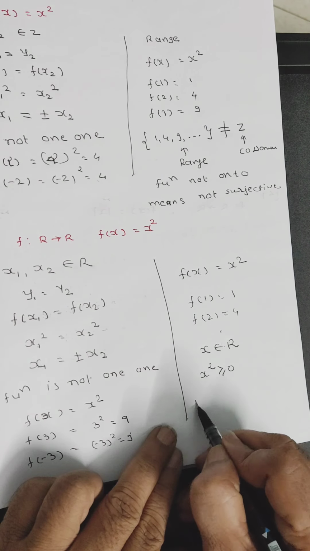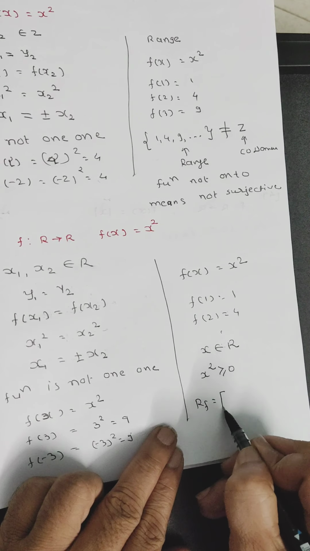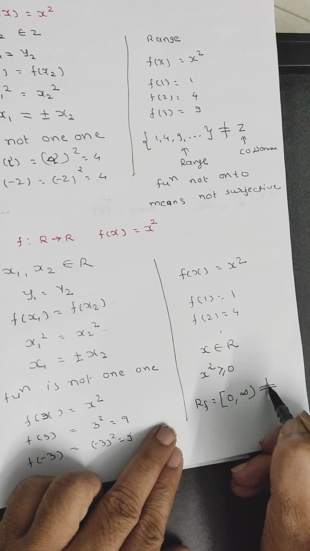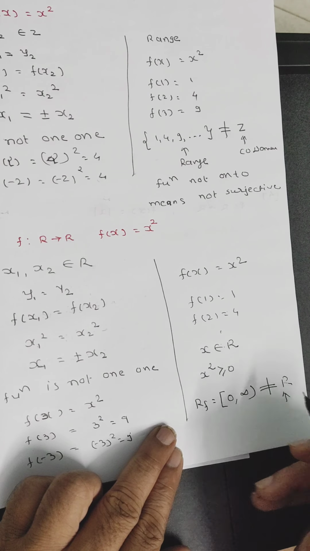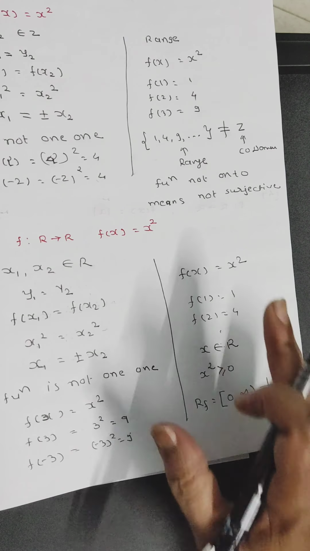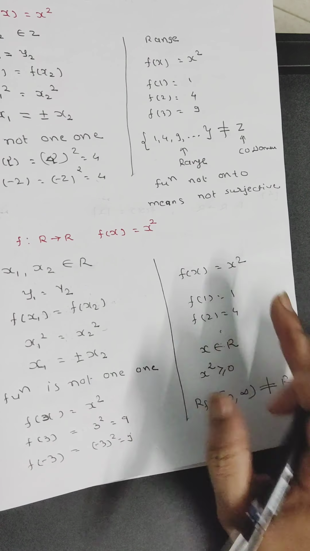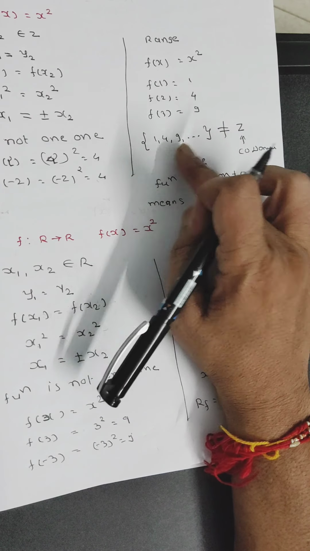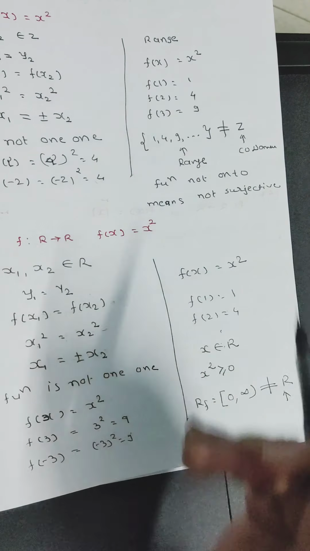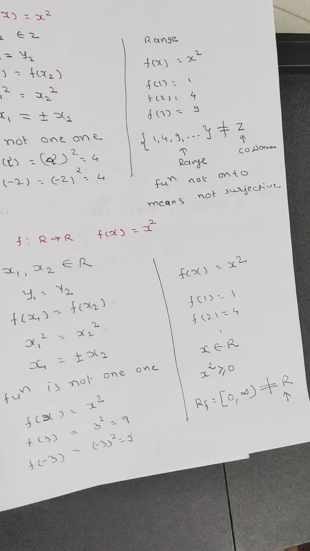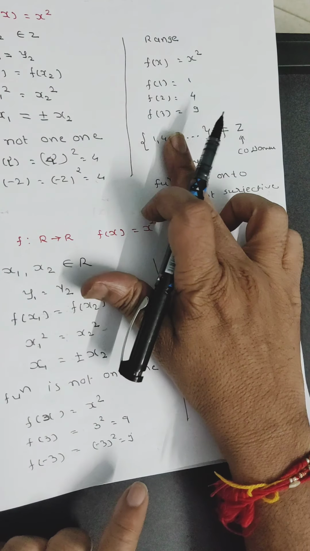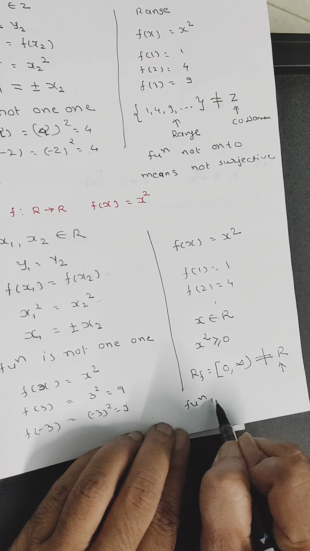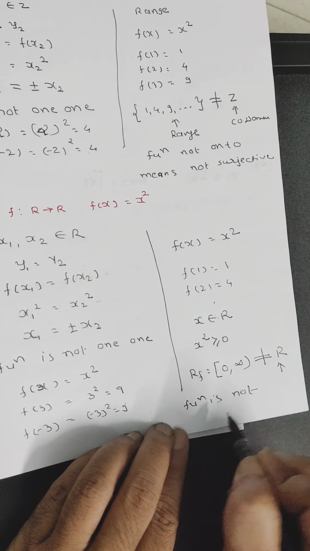So the range of the function is 0 to infinity, which is not equal to R. This means the range is positive numbers, because x square is only positive. But here I cannot write the interval 0 to infinity because it is Z. So 2.2, 2.4, 3.2 will not be there, so I have to write in such a way. So here the function is not surjective.